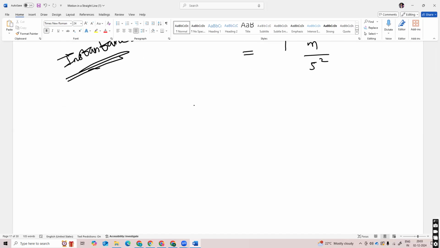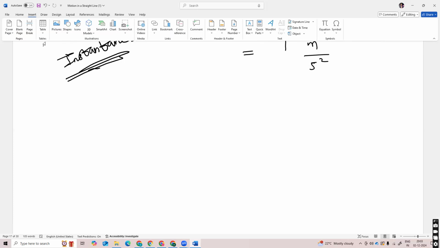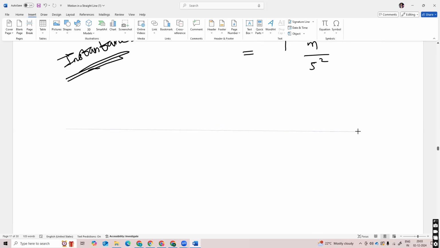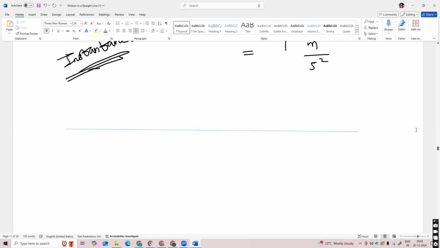Let's again take one example for this. Let's say we are at point A. At point A, the velocity of the object is 0 meter per second, so this object is not moving.